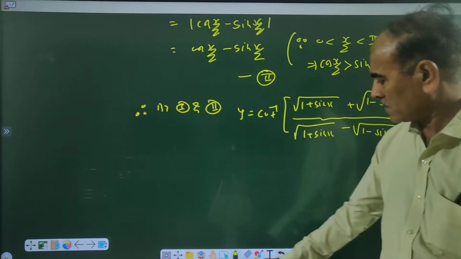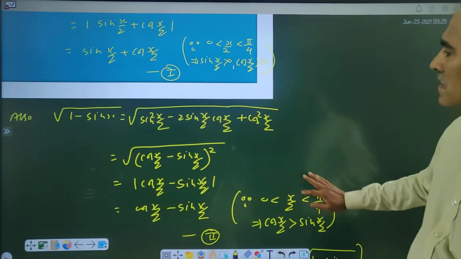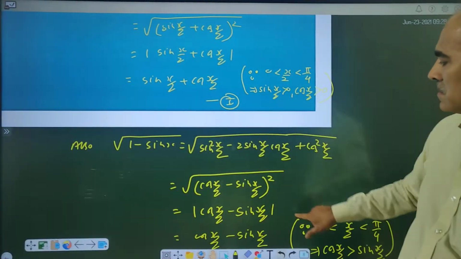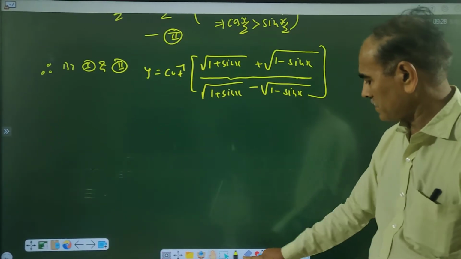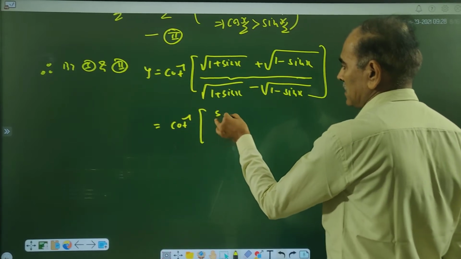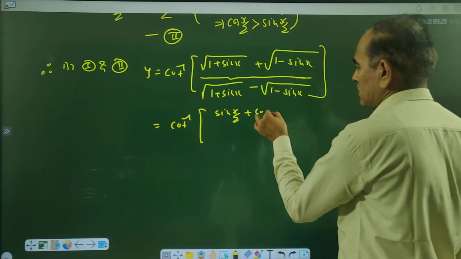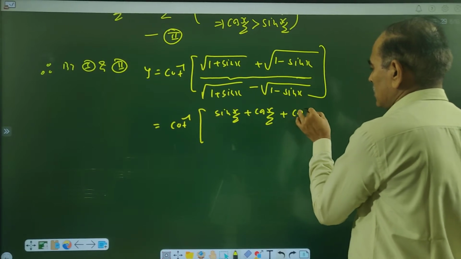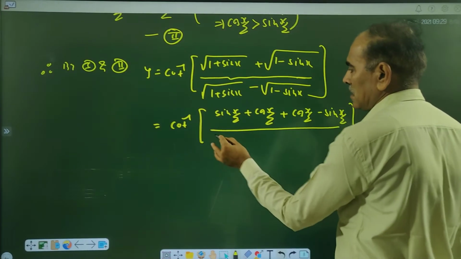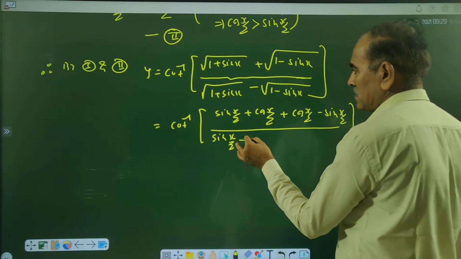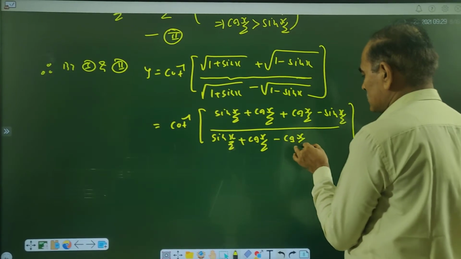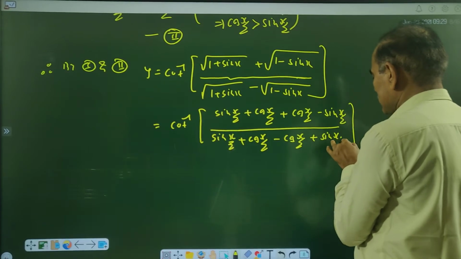Replace the values. So what we get? Cot inverse of sin x by 2 plus cos x by 2, plus cos x by 2 minus sin x by 2, over sin x by 2 plus cos x by 2, minus sign is there, so minus cos x by 2 plus sin x by 2.